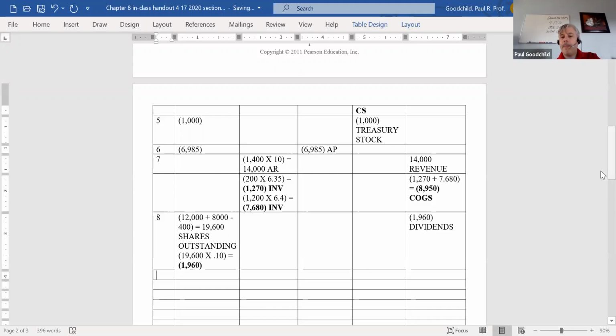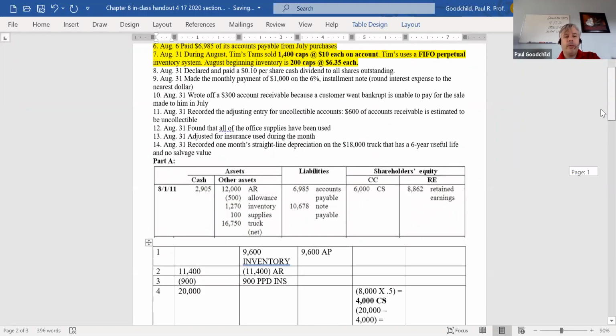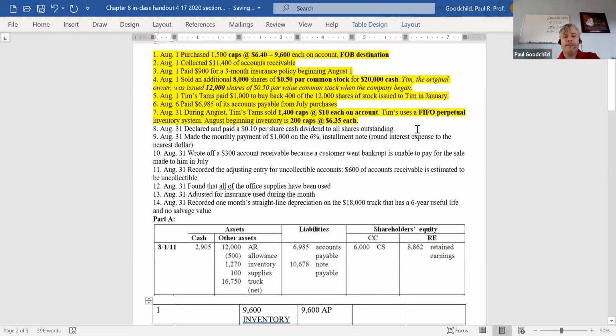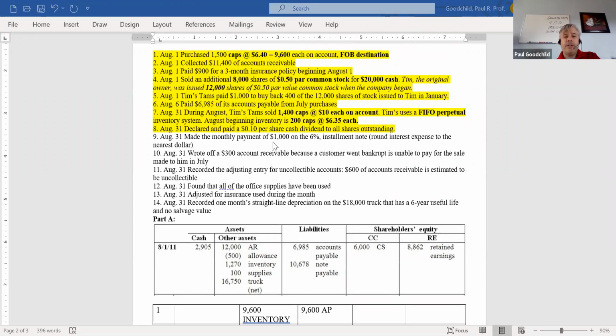Okay. Moving on to number 9. Made the monthly payment of $1,000 on the 6% installment note. Round interest to the nearest dollar. And so we have the note payable 10,678.